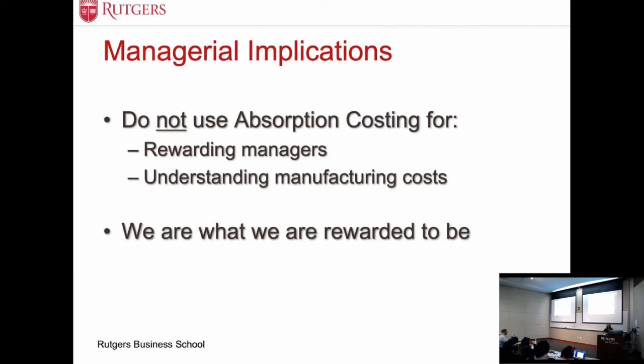So we need to think of some rewarding mechanism that's not related to the absorption costing, because if we just reward the managers by the operating income shown on the traditional income statement, that will give them this incentive to produce more than they sell. So we need to reward the managers by, let's say, variable costing, because that will give you the same amount of operating income under different scenarios.